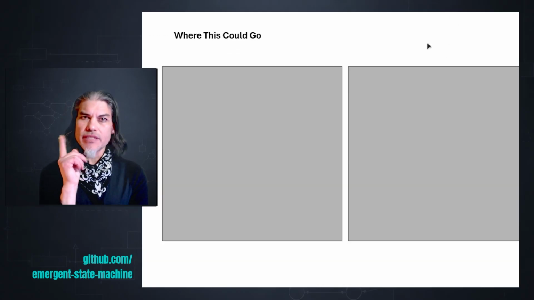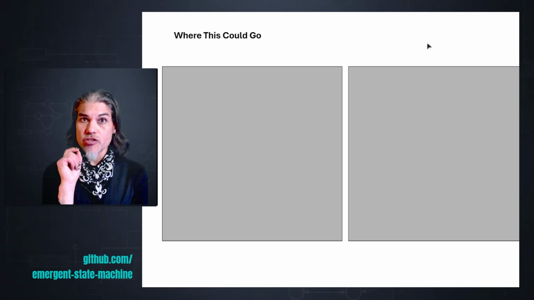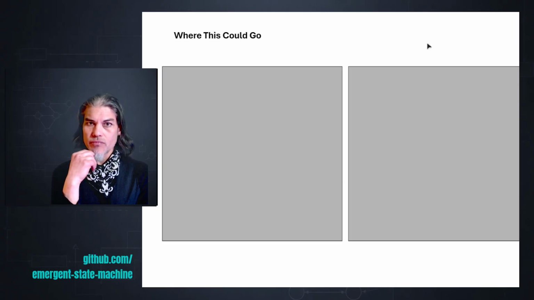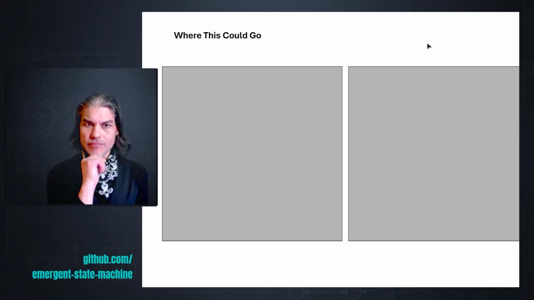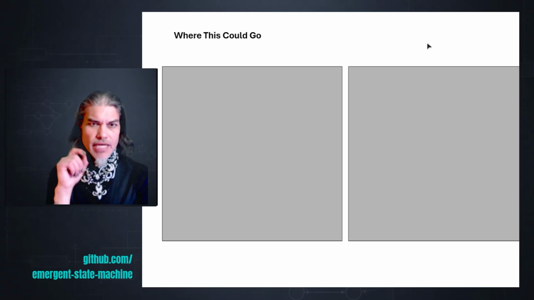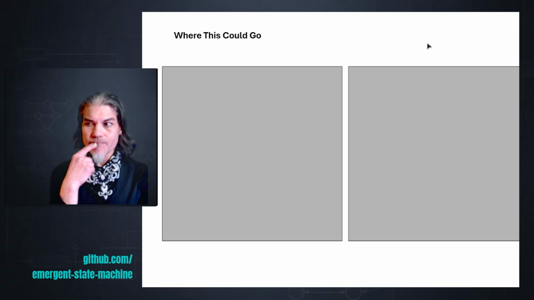In an emergent state machine, every operational decision has structure. Signals describe what the system observed. Interpretation describes what those signals mean. Policy determines what actions are allowed. That reasoning is recorded in a turn.